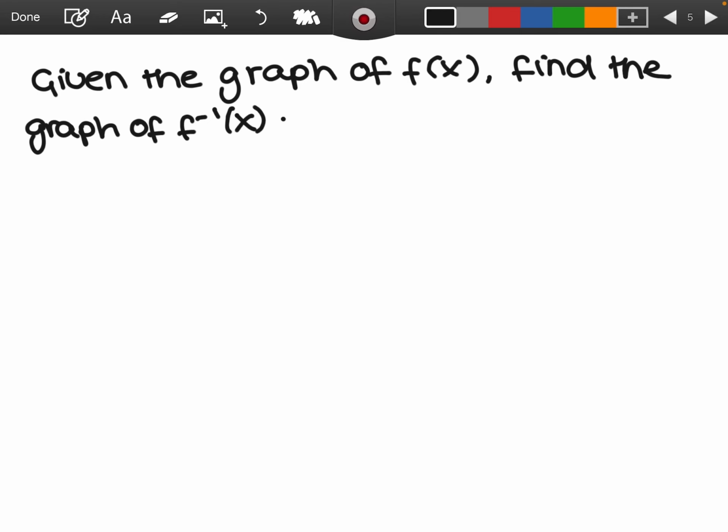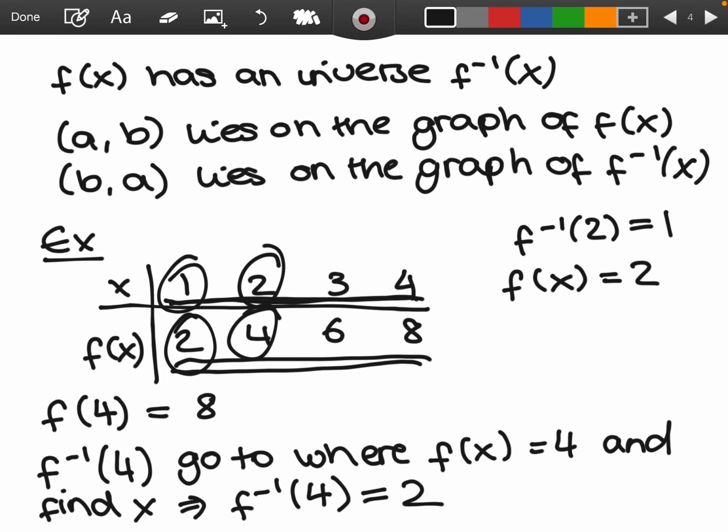How do I do that? Well, if we go back to what we just said, if a point (a, b) lies on the graph of f(x), then we know that (b, a) lies on the graph of f inverse.